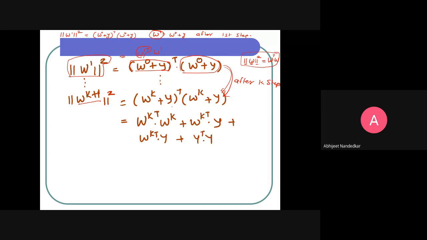Now if you make the product of this, you will get this expansion, and you can add up these two things.